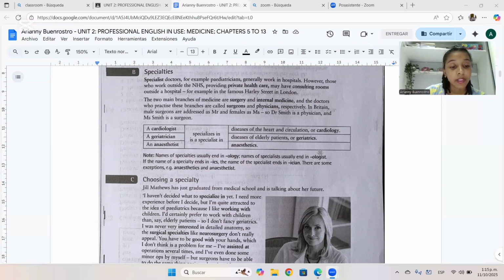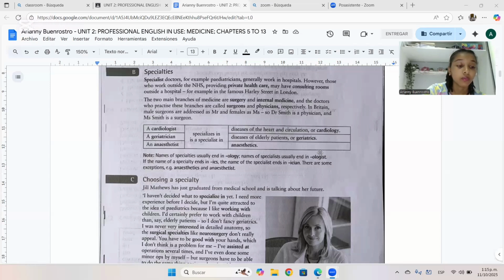A geriatrician is a specialist in diseases of elderly patients, or geriatrics. An anesthetist is a specialist in anesthetics.